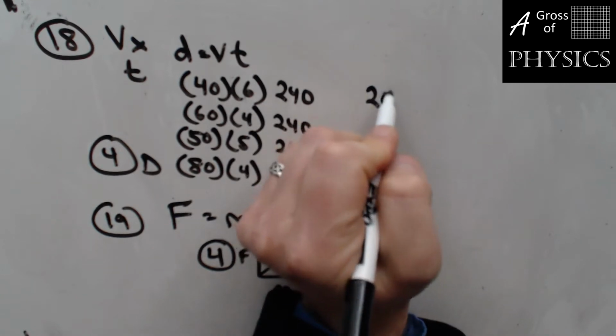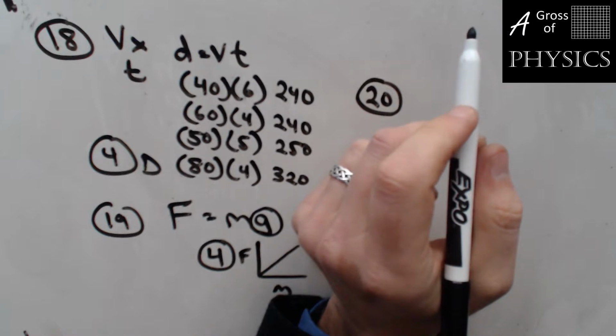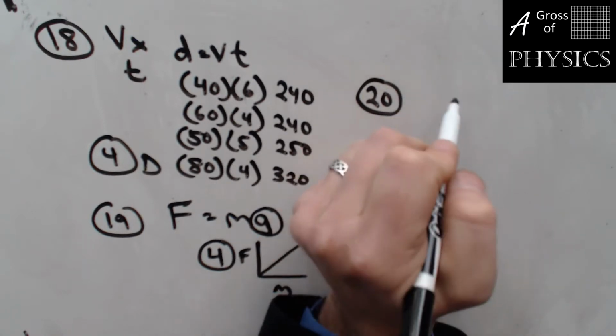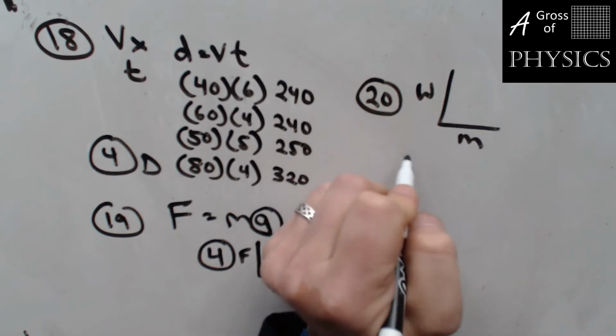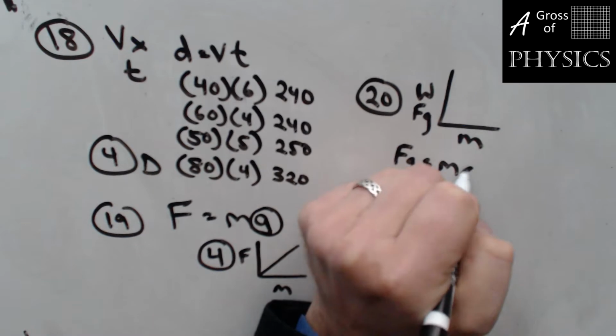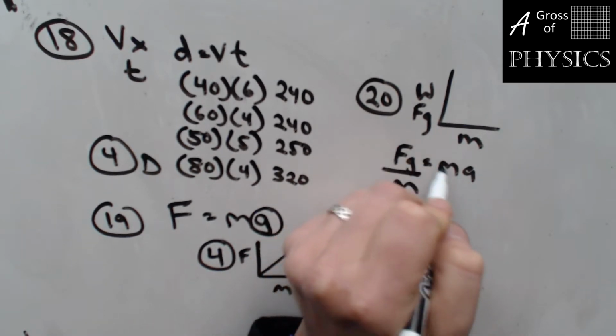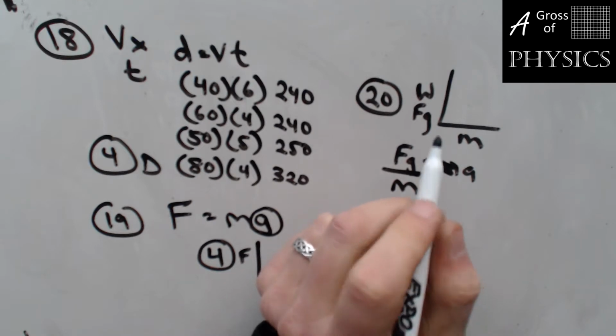And now for 20. A graph shows a relationship between weight and mass for a series of objects on the moon. We have weight and mass, Wm, which is the same as force of gravity. Force of gravity is mass times acceleration. If we divide, the acceleration is force of gravity over mass, which is the slope.